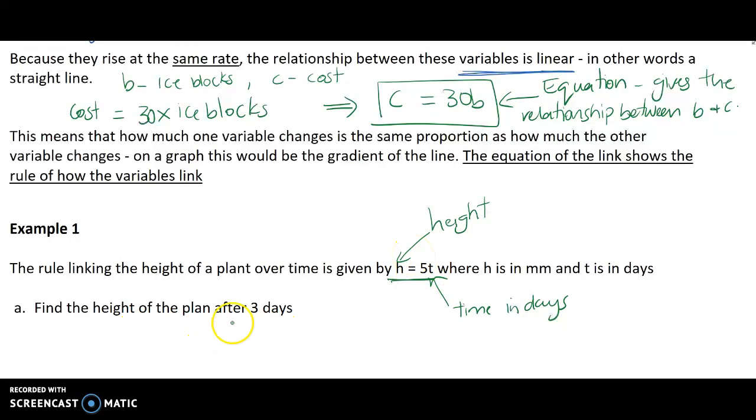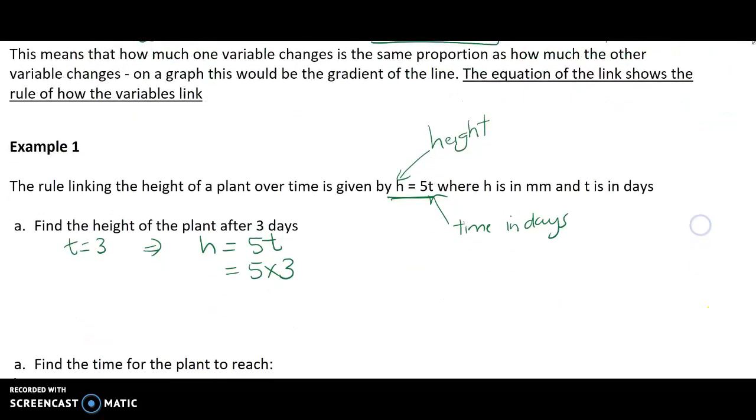Find the height of the plant after 3 days. So therefore, our time is equal to 3. So our height is given by 5t, which is equal to 5 times 3, and that is equal to 15.